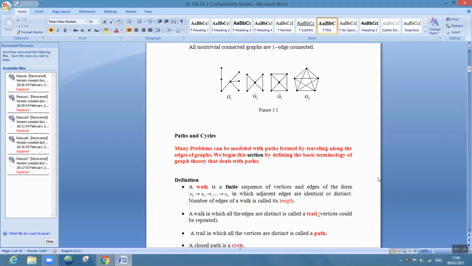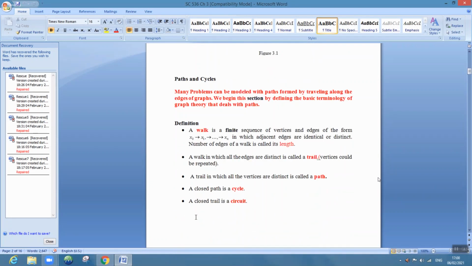For the application, this is important. There are 5 terms: walk, trail, path, cycle. You should understand the definition of these terms. Eulerian circuit, Hamiltonian cycle, Euler path, Hamiltonian path, trail.